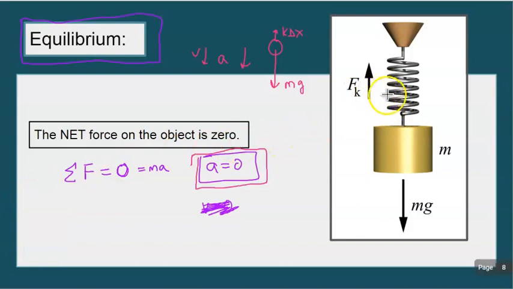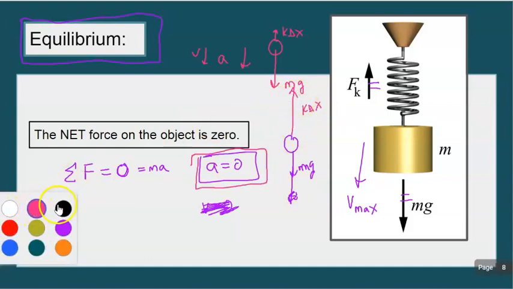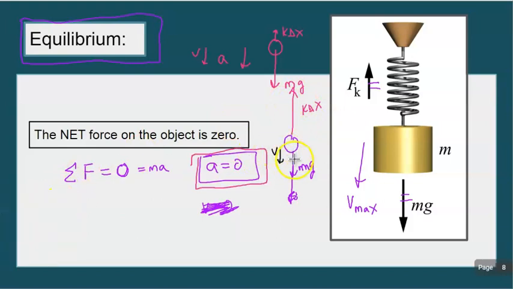For one brief instant, k delta x equaled mg, and that meant the speed was a maximum, because after they continued to move, mg stayed the same, but k delta x kept getting bigger and bigger. And then the upward force was winning. And since the bungee jumper's velocity was down, but the net force was up, they began to slow down.